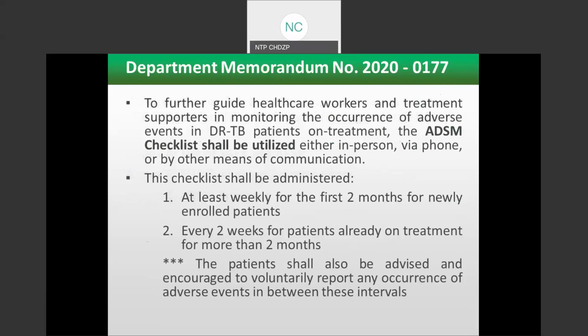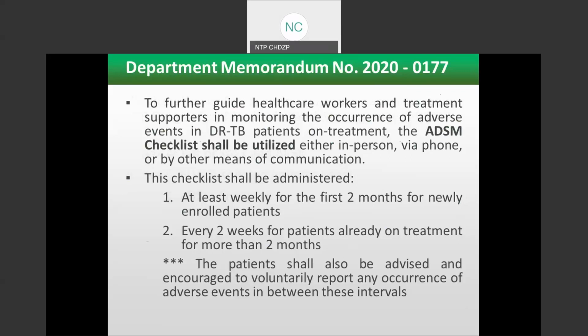To further guide healthcare workers and treatment supporters in monitoring the occurrence of adverse events in DRTB patients on treatment, the aDSM checklist shall be utilized either in person, via phone, or by other means of communication. In the new normal, there are other means of communication, including teleconferences, no?